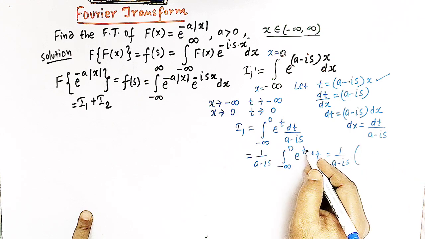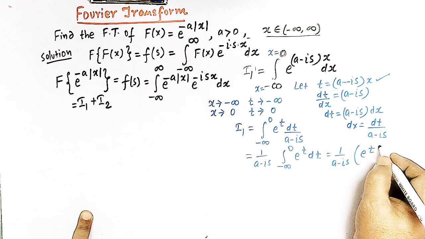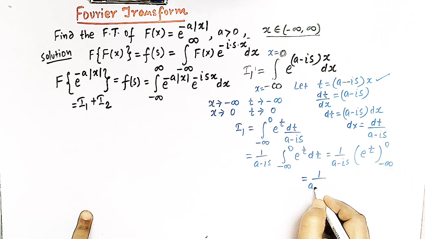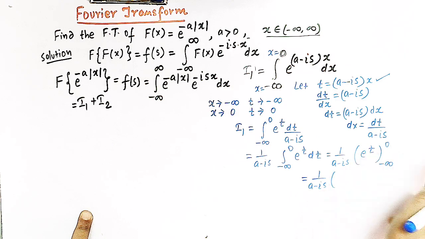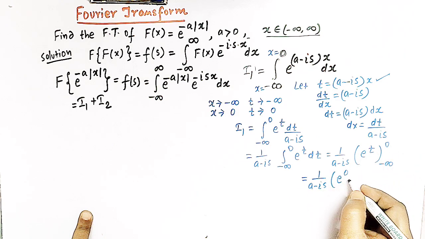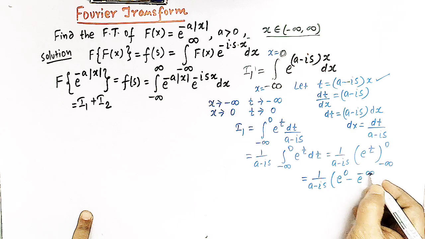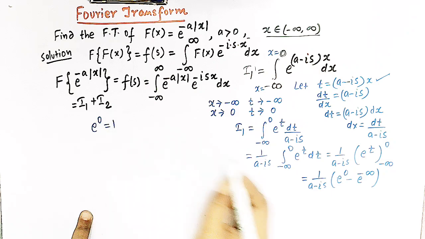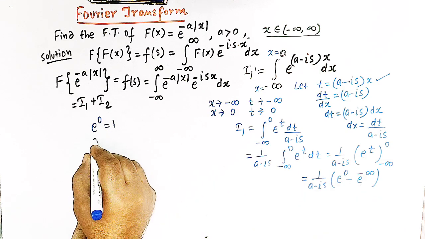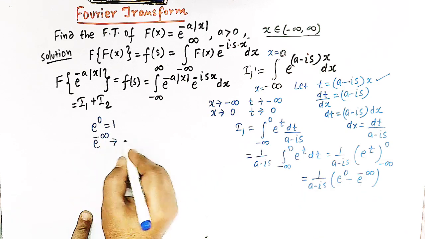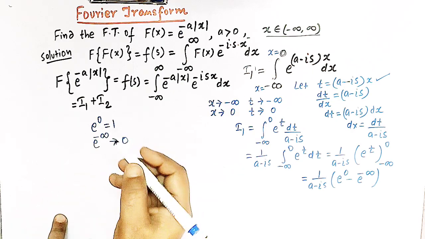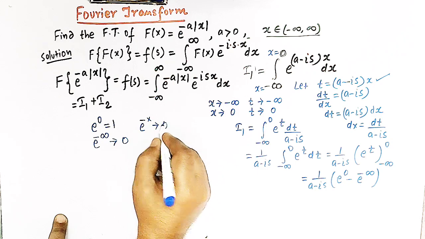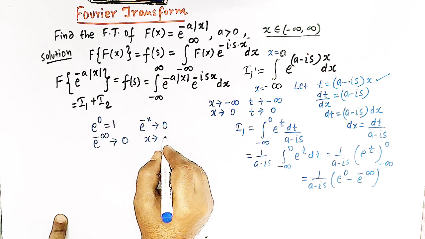This is a simple integral, so we have 1 over (a − is) times the integral of e raised to t, which is simply e raised to t, from minus infinity to 0. Substituting the limits and taking the difference, we have e raised to 0 minus e raised to minus infinity. Now e raised to 0 is equal to 1, and e raised to minus infinity tends to 0, because e raised to minus x tends to 0 when x tends to infinity.